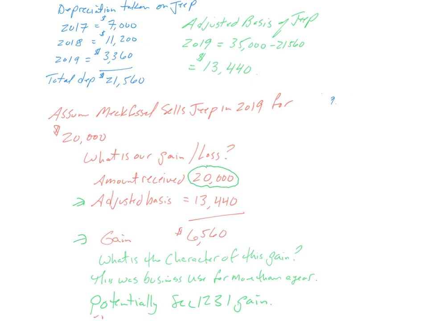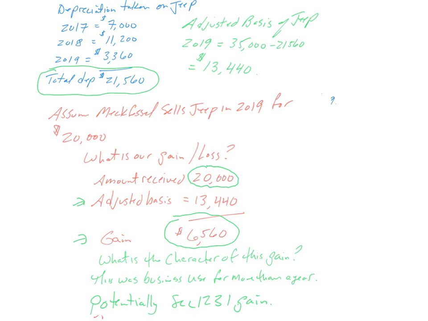If this gain were to automatically be treated as a long-term capital gain, then that would potentially be double dipping. All right. And we can see that in this situation, our total depreciation that we took through the years is over $21,000. Our gain is less than that total amount of depreciation.